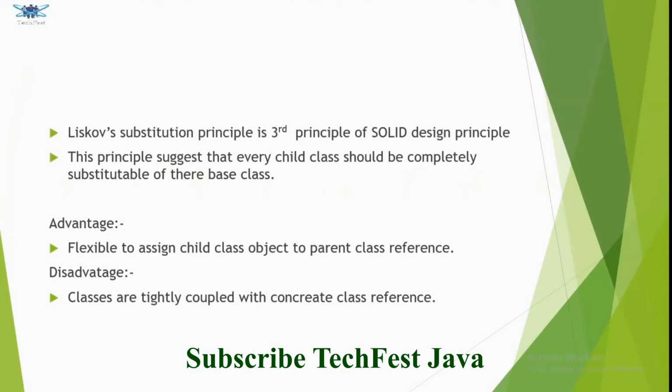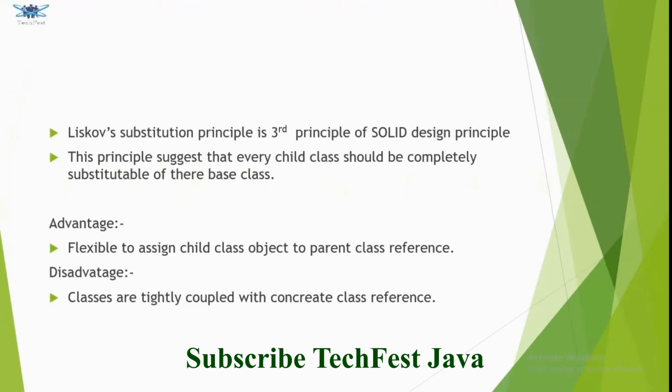Then there is also a disadvantage. If we are not using the substitution principle, then we are tightly coupling the concrete class references. That means suppose we only have a child class reference referring to a child class object.